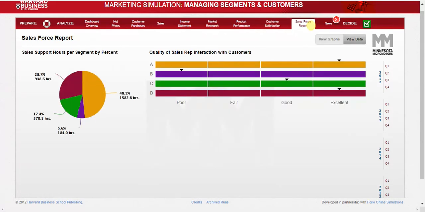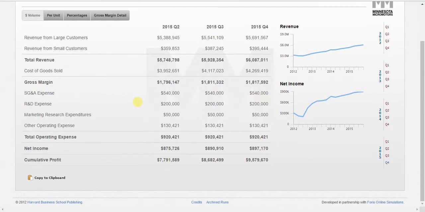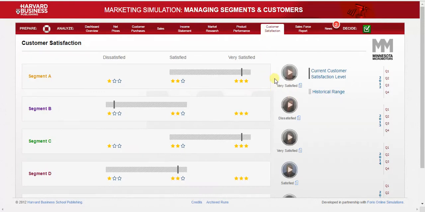Moving on, it is very important to me to always refer back to the income statement as well to ensure my cumulative profit was increasing with the decisions I was making. As I spoke about earlier, segment A was very satisfied. Segment A is price sensitive and is loyal to Minnesota Motor Company.